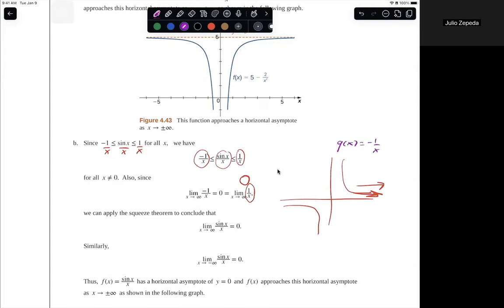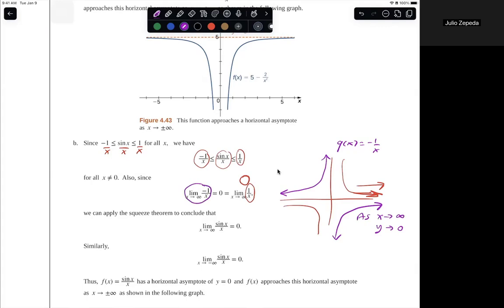Well, that has the behavior that looks like this. It's just a reflection of 1 over x about the x-axis. And as x goes to infinity, y goes to 0. So this is 0 as well.